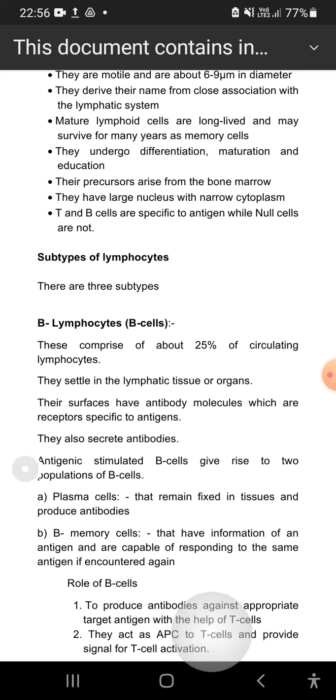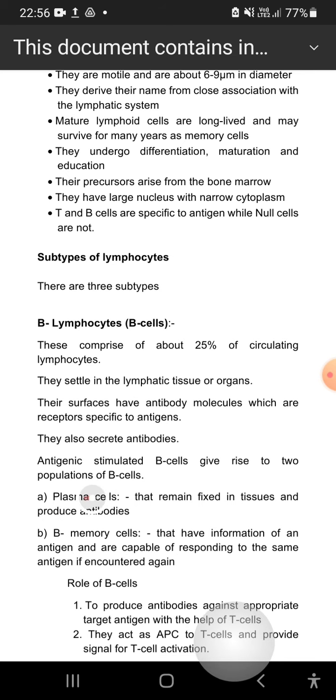When they are stimulated by antigens, they differentiate to form plasma cells. Plasma cells are a form of B cells which secrete antibodies. B cells must change to plasma cells after antigen stimulation for antibody to be produced.